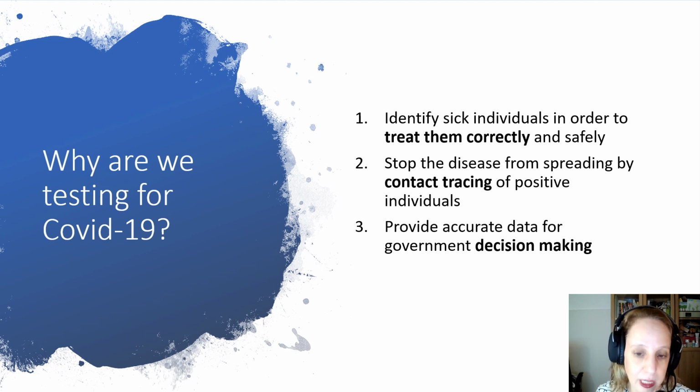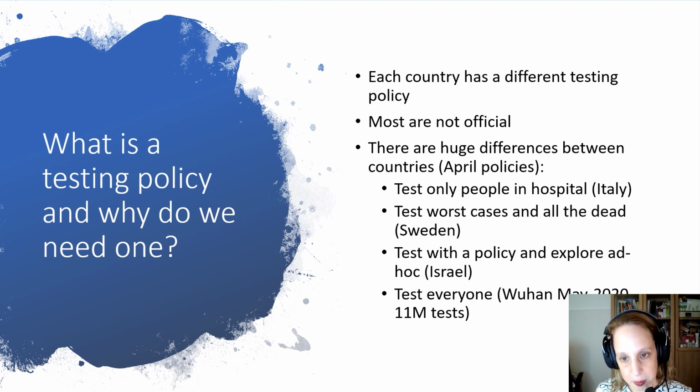But we also have a third goal. We would like to provide accurate data for government decision making. For example, the government would like to know if there is a need for a lockdown, or maybe if we're already in a lockdown, can we get out of the lockdown? How fast can we get out of the lockdown, etc.